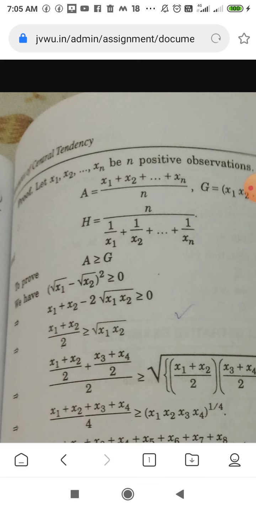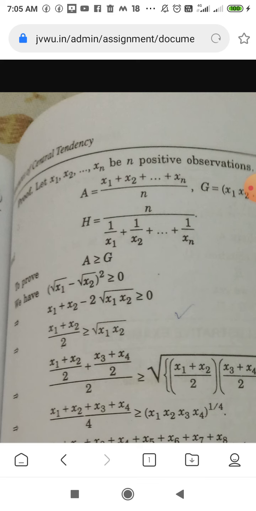These are the arithmetic mean, geometric mean and harmonic mean for n data. So the first thing is A greater than or equal to G. We have to prove A greater than or equal to G.